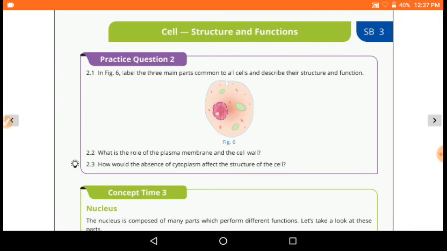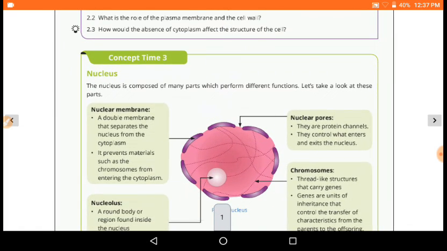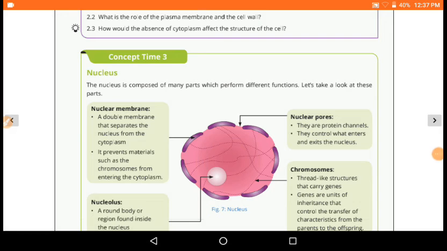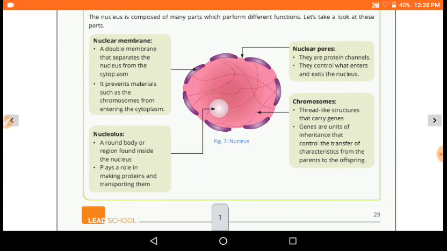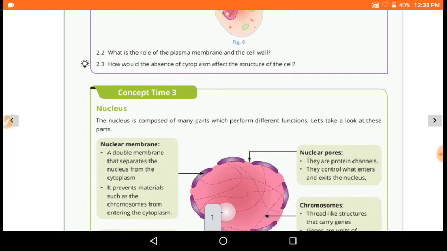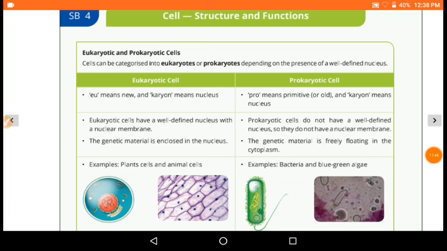First of all, we solved practice question number 2.1 and gave the particular description with the proper structure. Then we discussed the nucleus. The nucleus is composed of many parts which perform different functions. Then we saw its different parts: the nuclear membrane, nuclear pores, chromosomes and the nucleolus. We saw what their different functions are, how they work, what they carry and what they don't carry. We covered all these concepts in Concept Time 3.